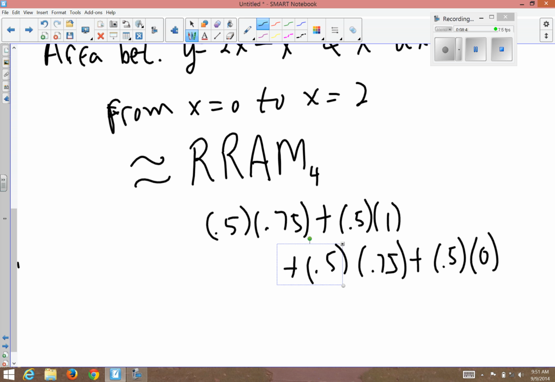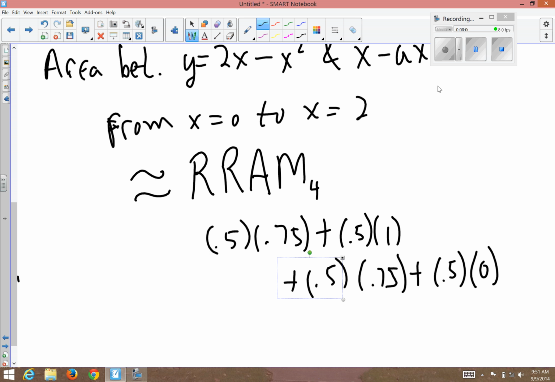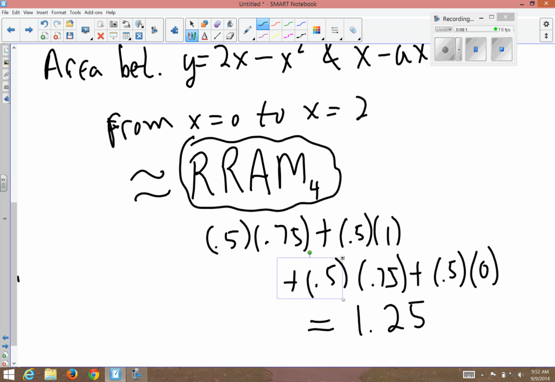0.5 times 0.75 plus 0.5 times 1 plus 0.5 times 0.75 plus 0.5 times 0 is 1.25. That is the answer called the right rectangle approximation method, subscript 4, meaning the areas of 4 rectangles added up together.